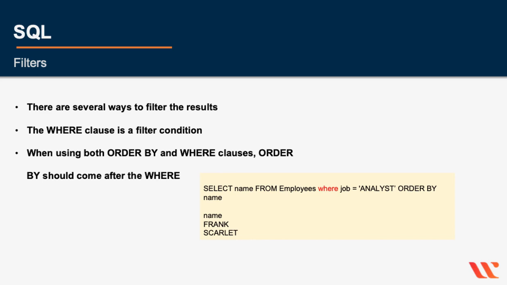So we only want to see which of those employees are analysts. And then we're also doing an order by name in order to get those records in an alphabetical manner. And also please take note of where the where clause is and where the order by is.